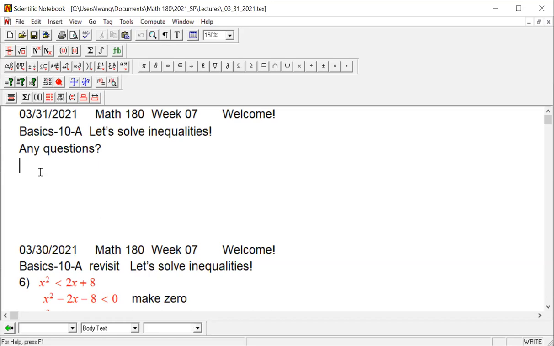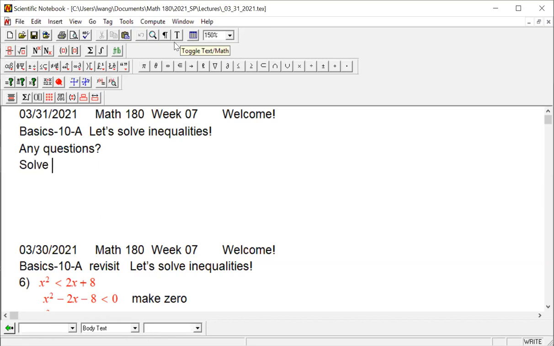Actually, I'm going to create a question. This question is actually a part of a question from quadratic 4A. So I'm making a question, borrowing the question.